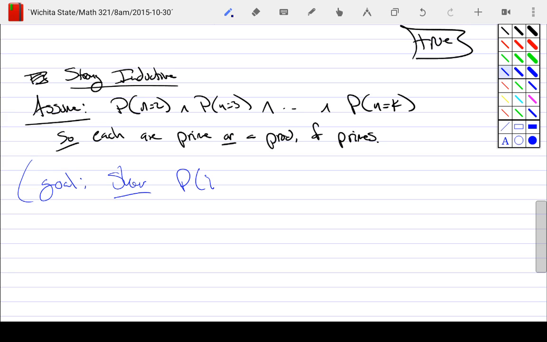Show P of n equal to k plus 1, which is k plus 1 is prime or product of primes. That's my goal. That's what I want to show.